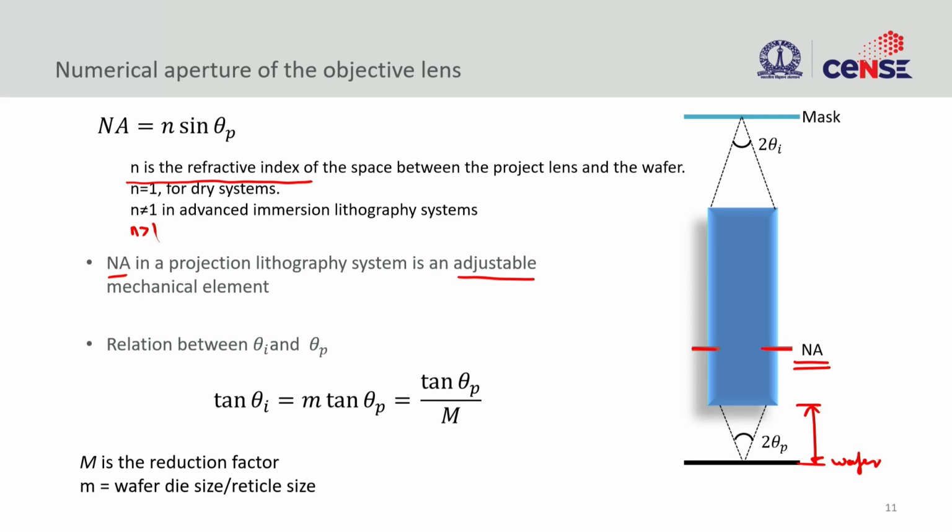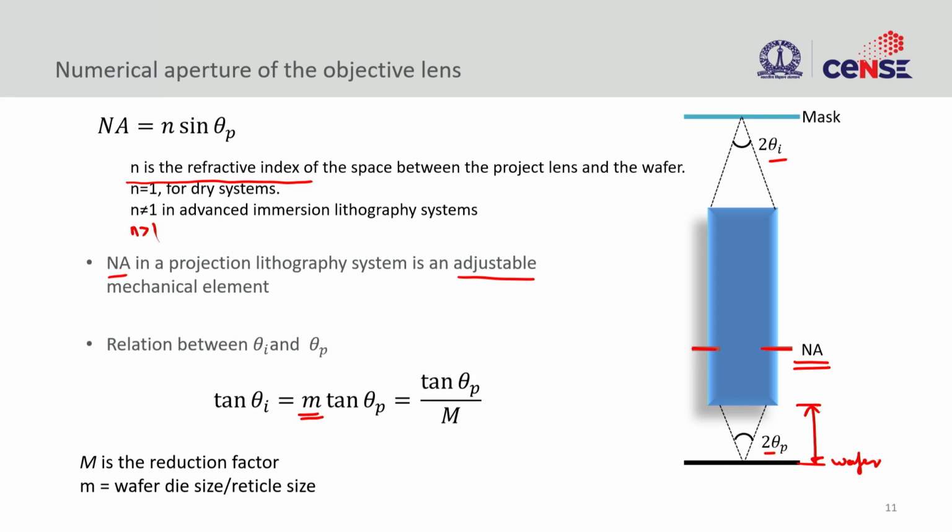And now we can draw a relation and then understand this magnification a little bit more clearly, because you have this incident angle coming from the mask after diffraction, and then we have this projection angle. So tan theta_i equals m times tan theta_p. This m is nothing but the ratio of the size of the die that you have on the mask, the reticle, to the wafer that you have.